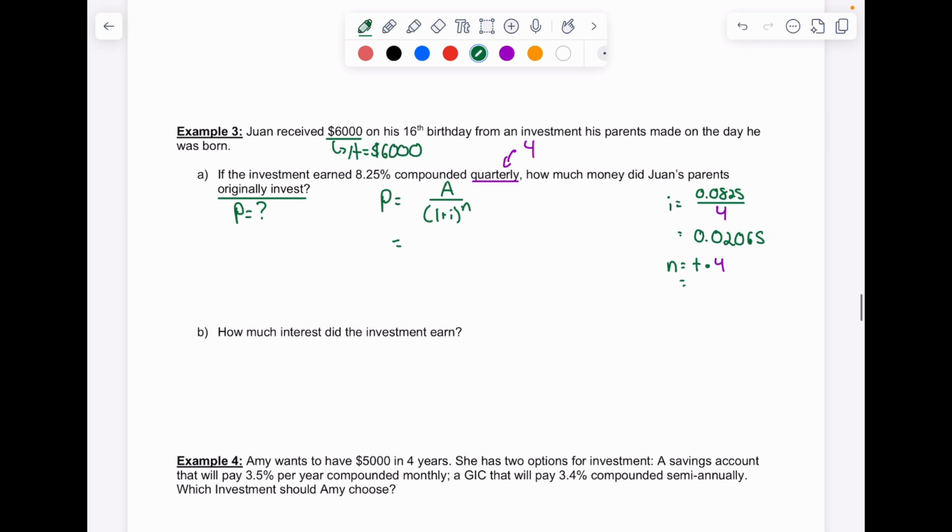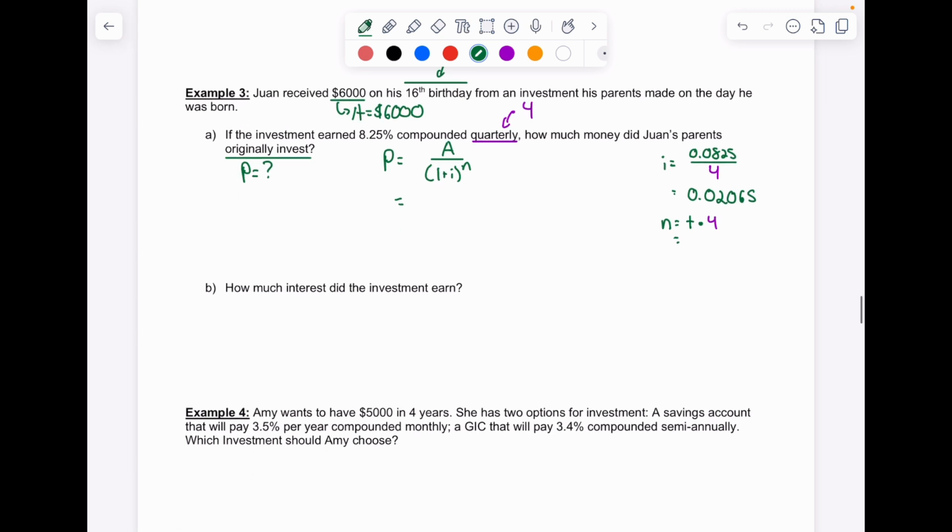Well, in this case, on his 16th birthday, right? So in this case, t is 16. So 16 times 4, that is 54. Oh, 64, sorry. My mental math, let me just double check. Yeah, 64.